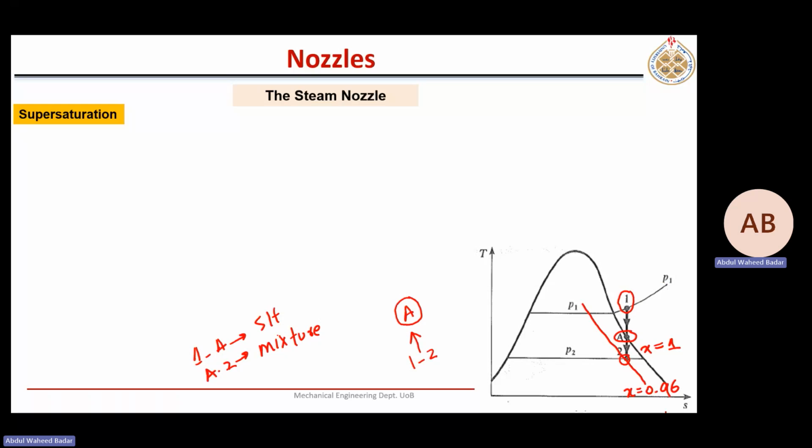It is delayed until the pressure and temperature drop to a dryness fraction X of about 0.96. Just imagine this curve is shifted. The X equals 1 curve is now X equals 0.96. At this point, whatever the velocity is, it will condense immediately with a shock. It is called condensation shock.